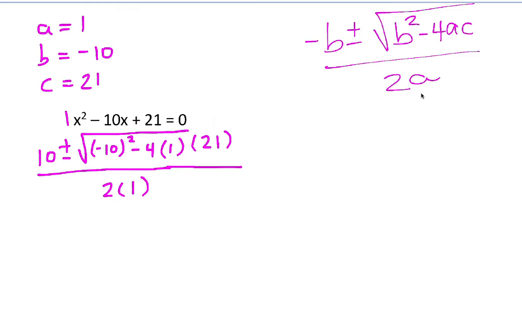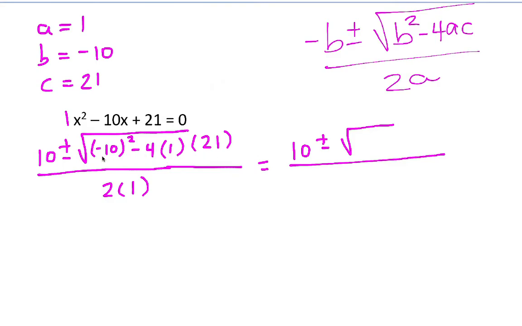Okay, so now what I'm going to do is simplify this guy. So up front, I have 10 plus or minus the square root of, okay, and notice inside the square root, I have a lot going on.